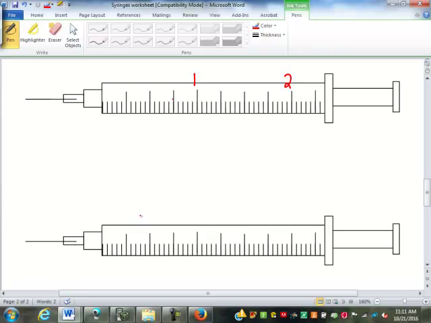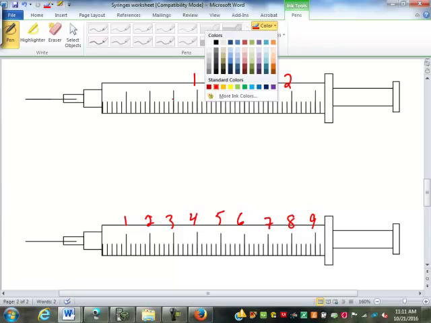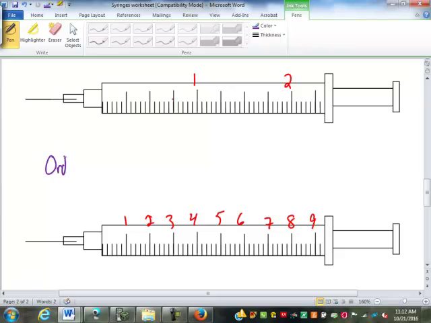If I have these syringes, and I need to administer, our order calls for 1.8 milliliters to be given to the patient. Which syringe should I use? Again, A or B.